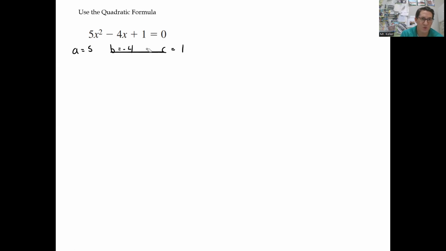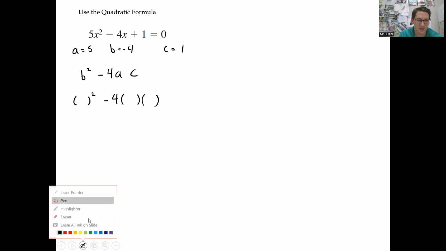I am going to do the discriminant first. I find I make fewer mistakes if I do the discriminant first. So the discriminant is b squared minus 4ac. I'm going to substitute in the b, and then the a, and then the c.